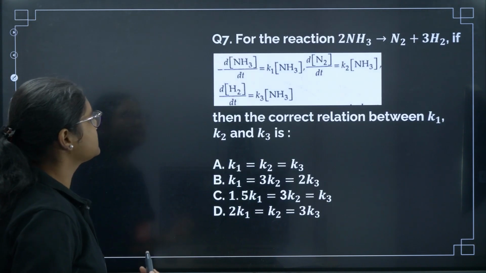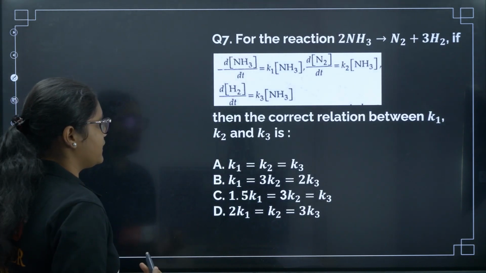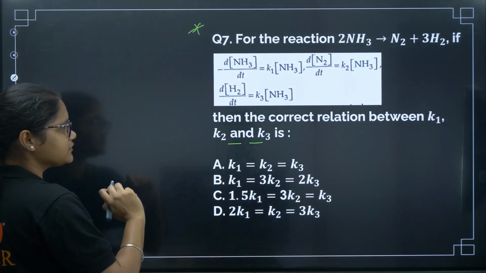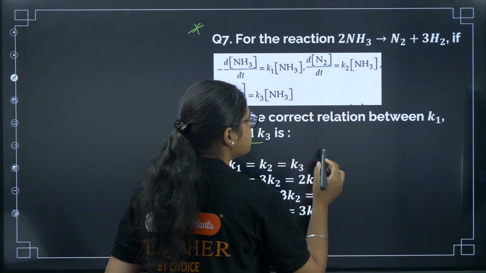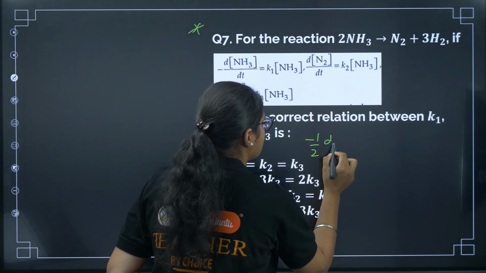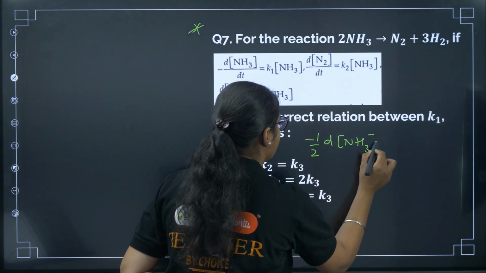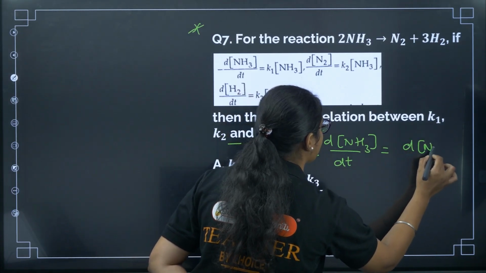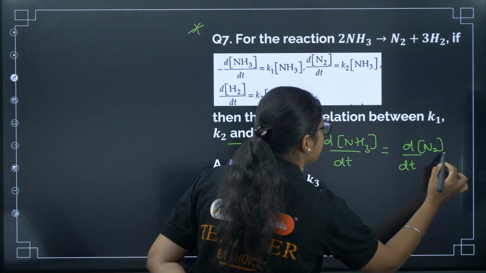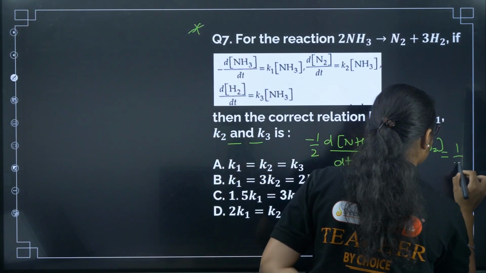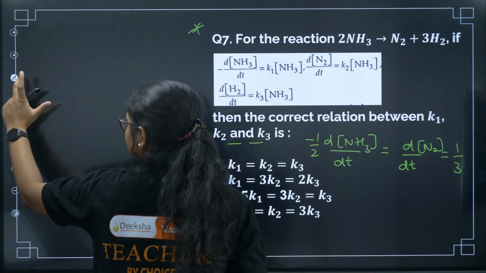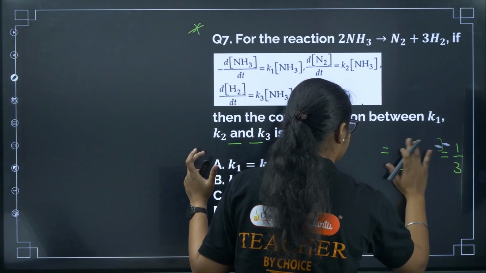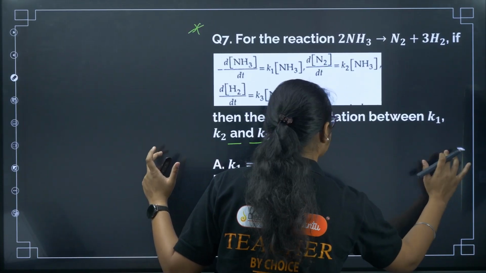So easy one. Next, for the reaction this one, then the correct relation between K1, K2 and K3, okay, very important question this one. First of all, let us write the differential rate equation. So 1 by 2 of dNH3 by dt, okay, will be equal to dN2 by dt will be equal to 1 by 3 of, so I'll write the full equation on the other side of this one.